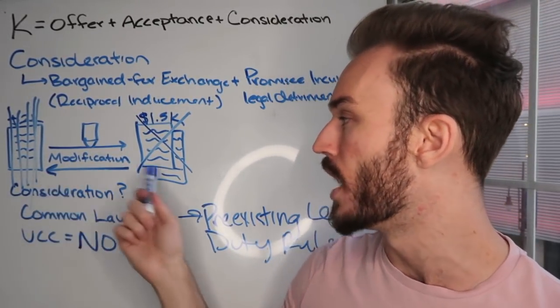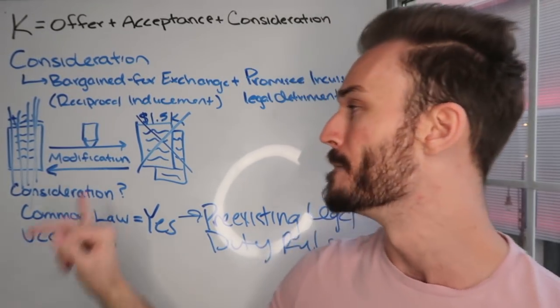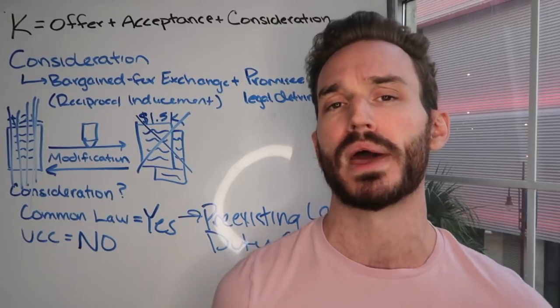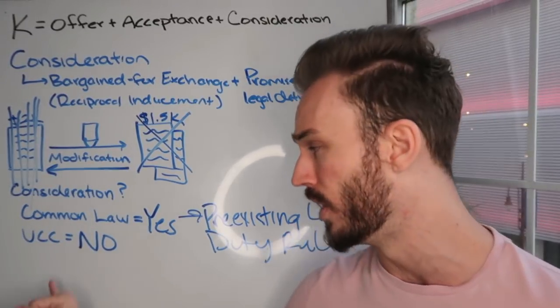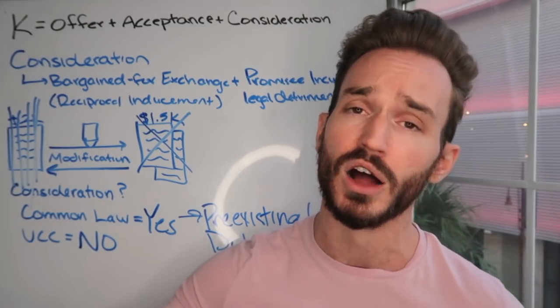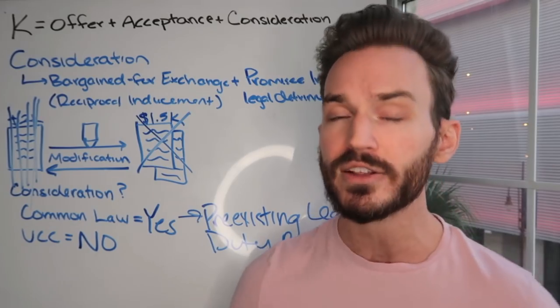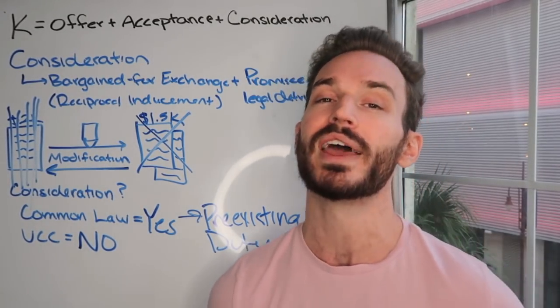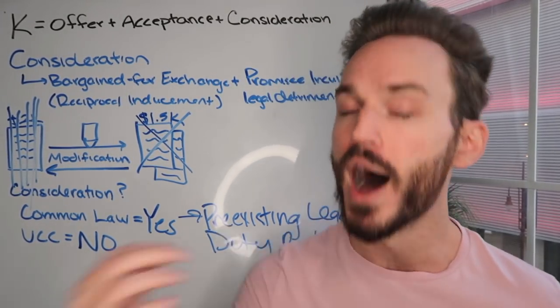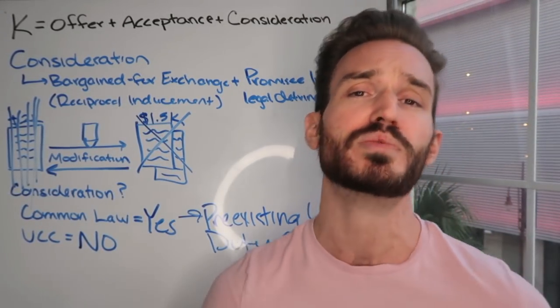As long though as this modification is entered into in good faith, which is what the fact pattern described, imagine that this original fact pattern I laid out with the lease agreement fell under the UCC, even though we know it doesn't since it's a real estate contract and the common law applies. Imagine we applied the good faith test in that situation where you come to me and say, hey, do you mind if we modify this contract from 2K to 1.5K? And I'm like, absolutely, you've been a great tenant.